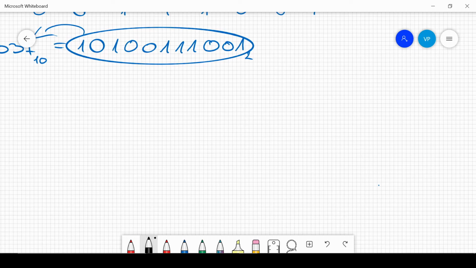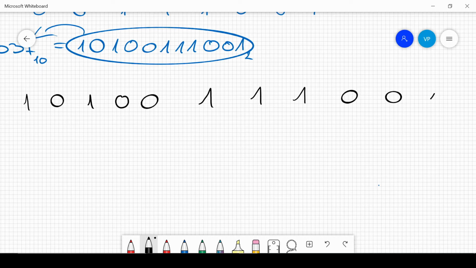I will put some space between numbers so it will be easier to explain this, and let's do it. 1, 0, 1, 0, 0, 1, 1, 1, 1, 0, 0, 1.